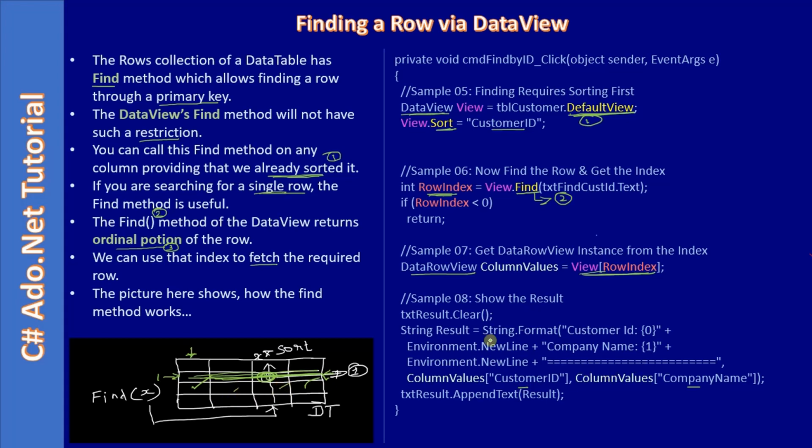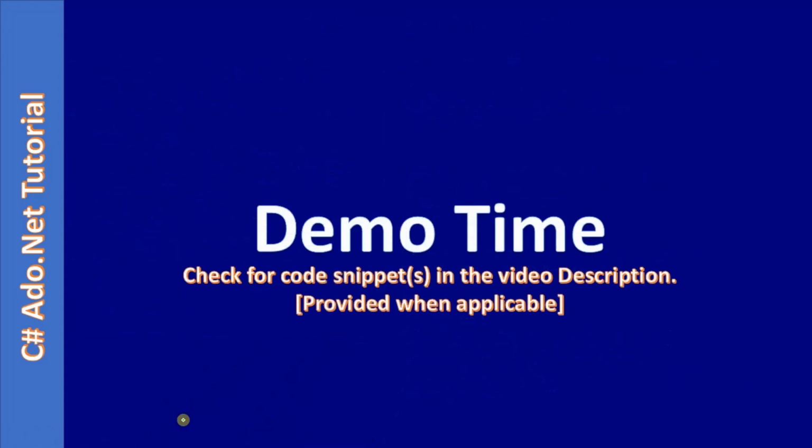In this case, with string.format, we are just forming the string: customer ID, company name in the next line. After that we are printing an underline. That's how we are forming the string, and then to our multi-line text box, using the append text method, we are giving this result. So that's all. Now let's go to the demo and see how this is working.